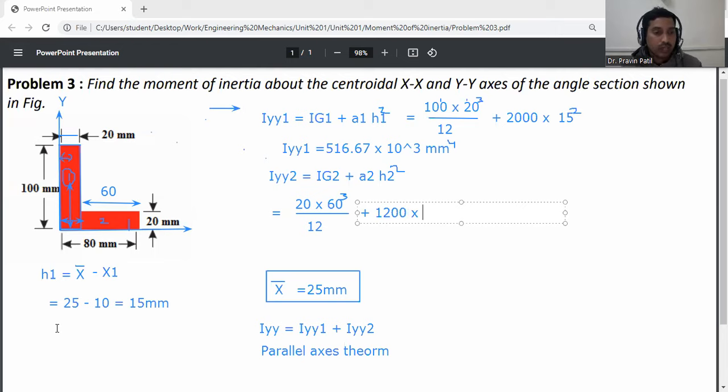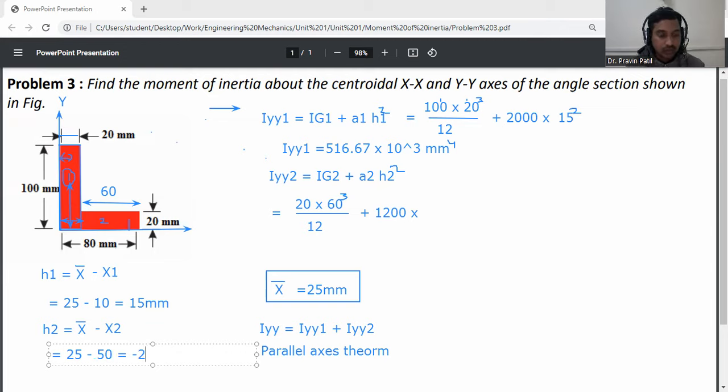Then the H2 value. H2 is equal to x bar minus x2. x bar is 25 minus x2, which is 20 plus 60 by 2, that is 50 mm. So we get minus 25 mm, and here minus becomes plus when squared, so minus 25 square.